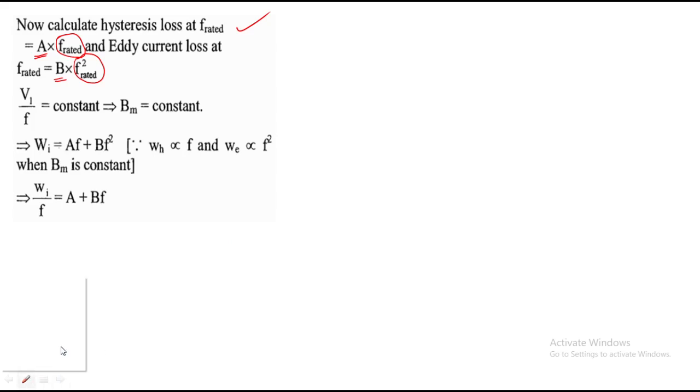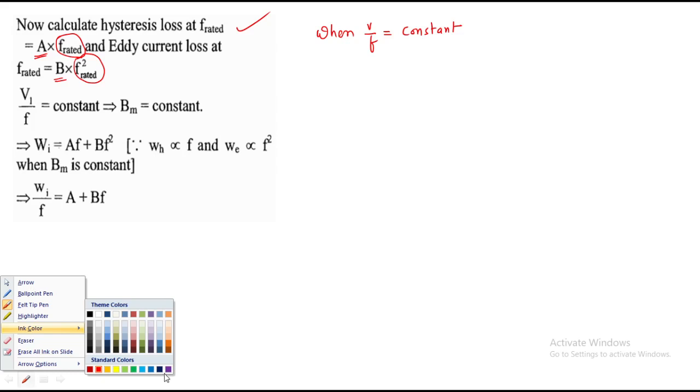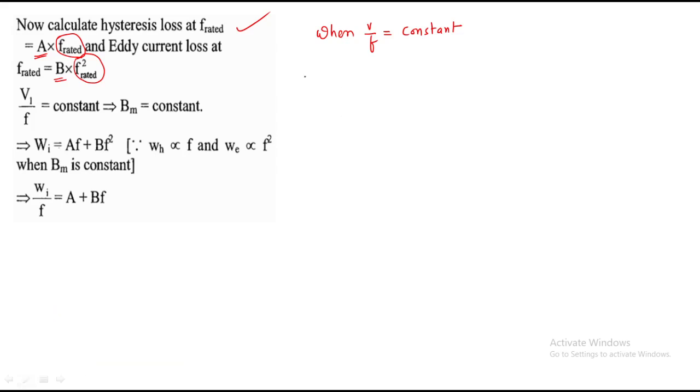And we all know that when V by F is constant, what is the hysteresis loss component? WH is proportional to frequency, and eddy current loss is proportional to frequency square.